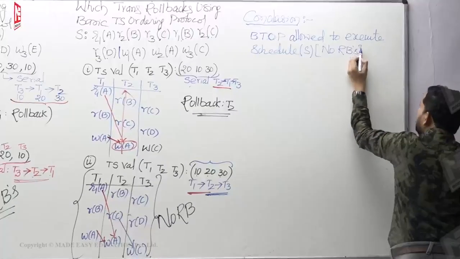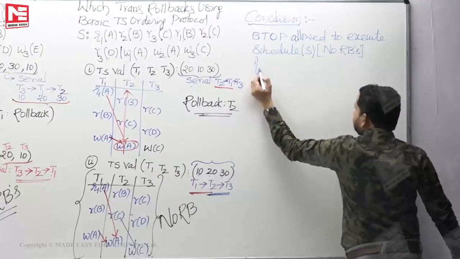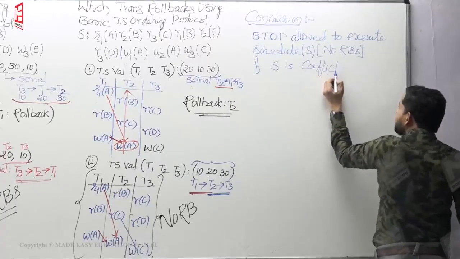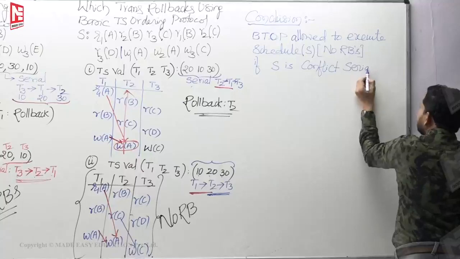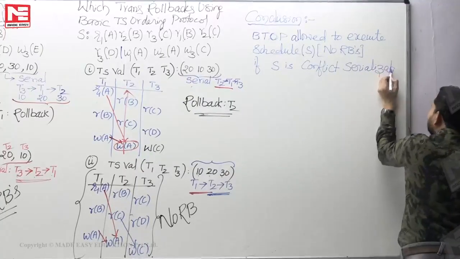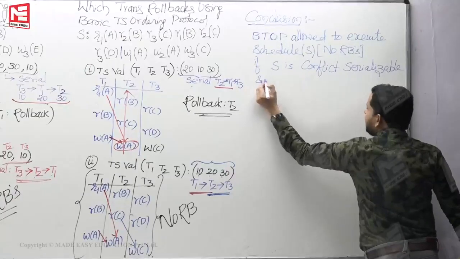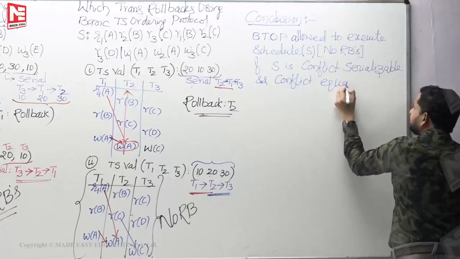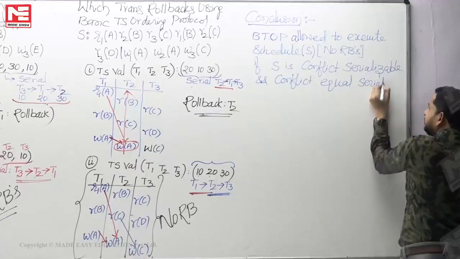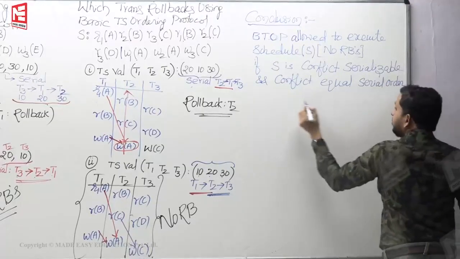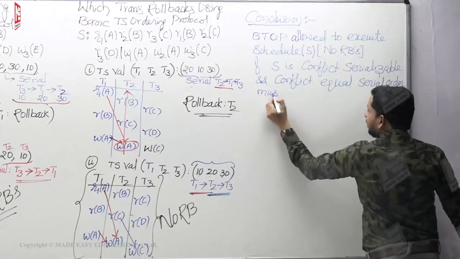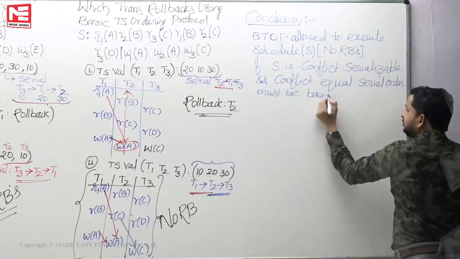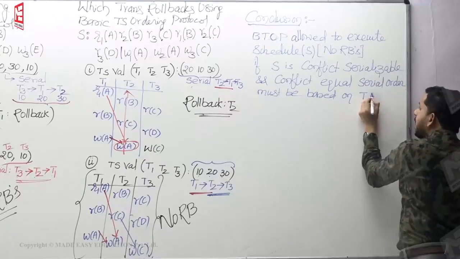No rollbacks, if S is conflict serializable, and conflict equals serial order must be based on timestamp ordering.